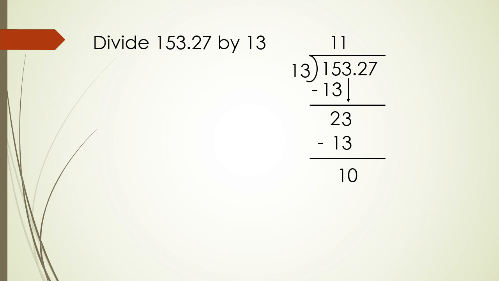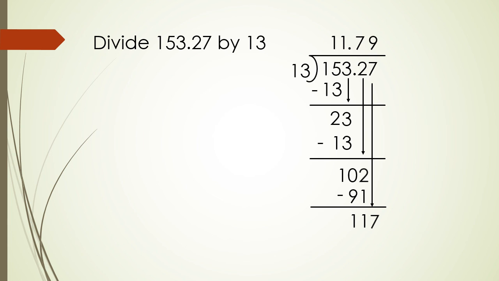The remainder is 10. Now bring this 2 down. But just think that we are going to deal with a decimal number. So keep a decimal point in the quotient and then bring this 2 down. Now 13 into 7 makes 91. Subtract it, you get 11 as your answer. Now bring down this 7.